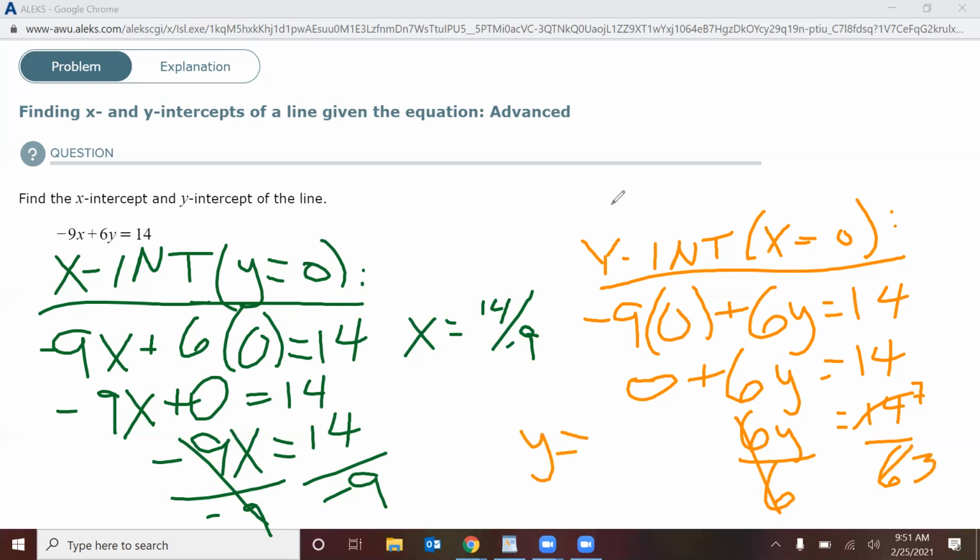And we get a y-intercept of 7/3. But again, the coordinates of the points are (-14/9, 0) and (0, 7/3). That's how we do it.